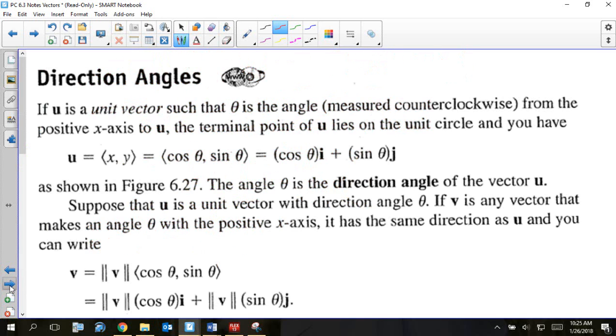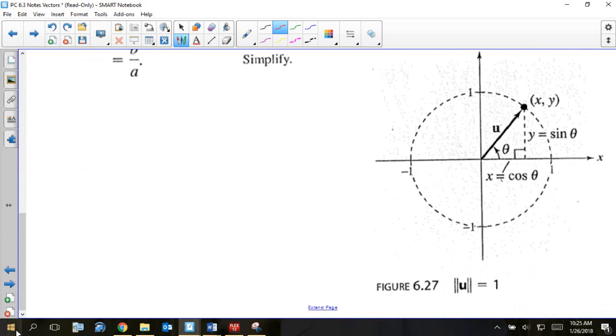Okay, last thing. Using a lot of other rules we've learned in here, we're going to apply trigonometry to vectors. We're not learning anything new. We're applying stuff we already know. I have a unit circle for you right here, and here's the vector.